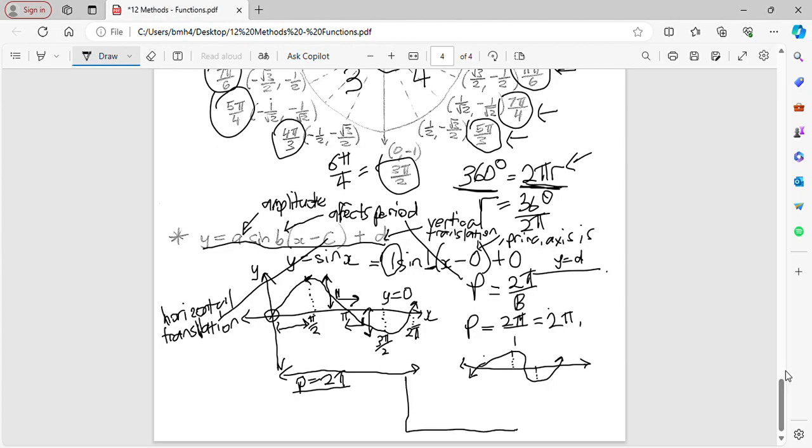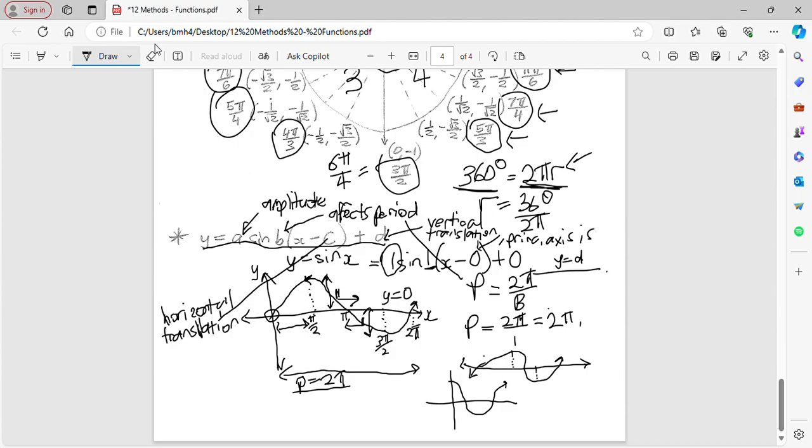It actually looks something like this instead. So that's what your cosine graph would look like if you plotted those values and drew the graph.